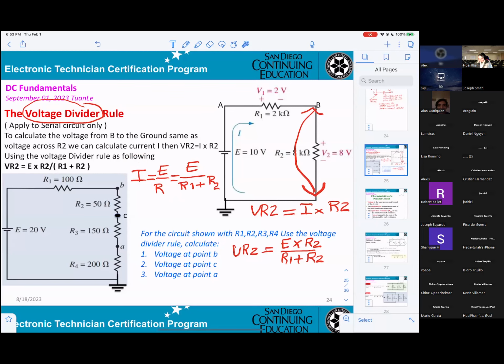Okay, cool. Now, I asked you a question before we stopped. If you want to calculate VR4 using the voltage divider, you want to calculate the voltage here.